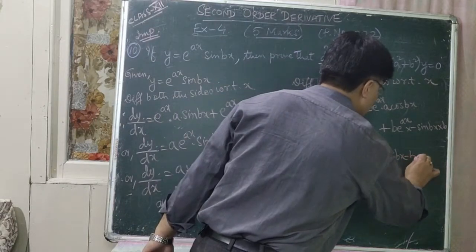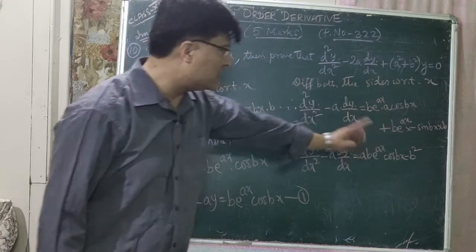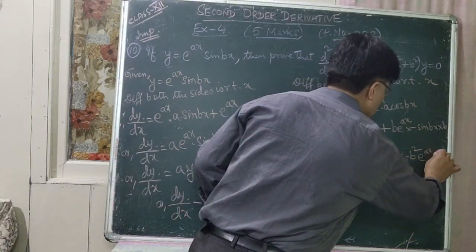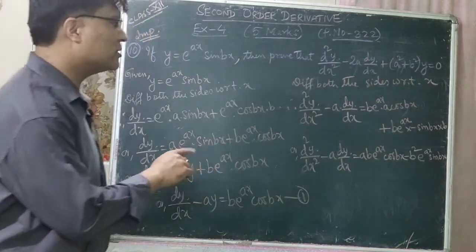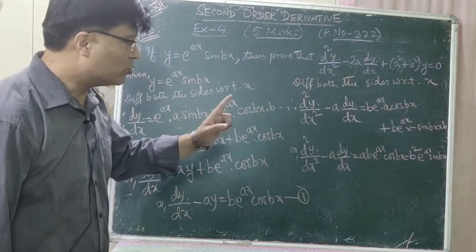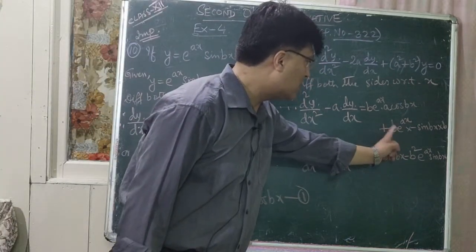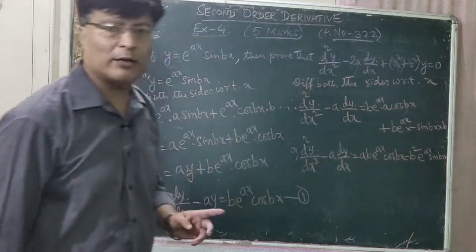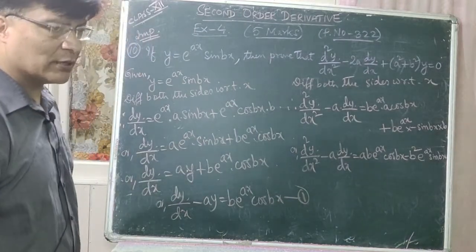So it is minus b square, b into b is b square, then e to the power ax into sine bx. Then minus b square, plus and minus is minus, b into b is b square, then e to the power ax into sine bx. So I think you have understood it.